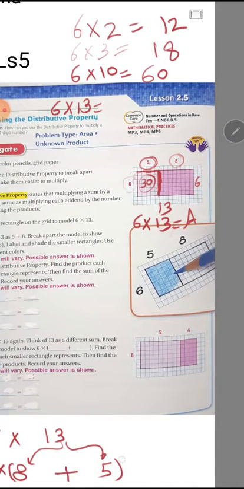So to find the area for this rectangle, you have to multiply 6 by 8. 6 multiply 8 equals 48. So this is the second area for this small rectangle. If I want to find the area for the large rectangle, what do I have to do?